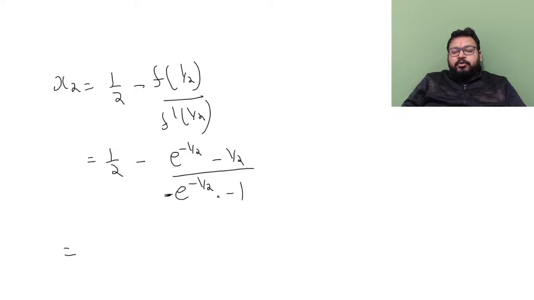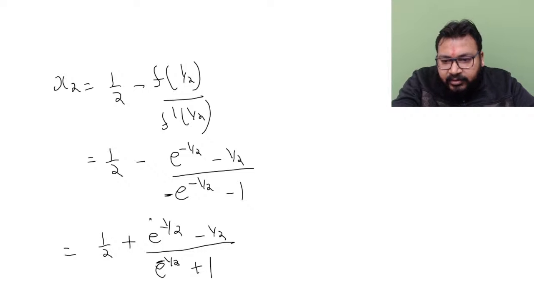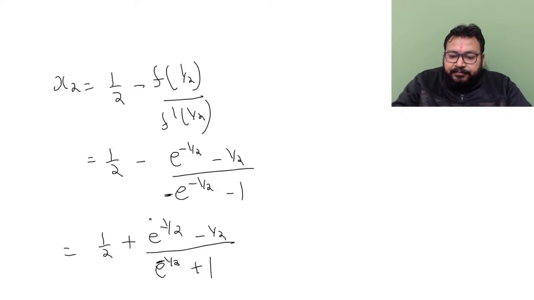So if you take the minus common from the denominator, it becomes 1 by 2 plus e to the power minus half, divided by e to the power minus half plus 1. Minus can be taken common. अब e to the power minus half की value हमें calculate करनी है. So let us calculate the value of e to the power minus half.